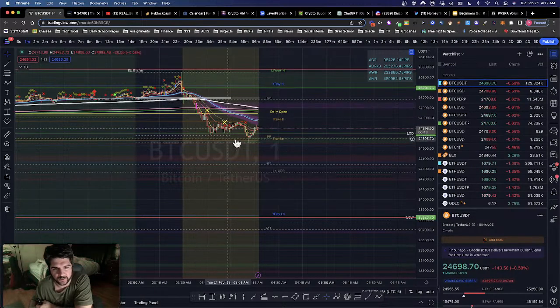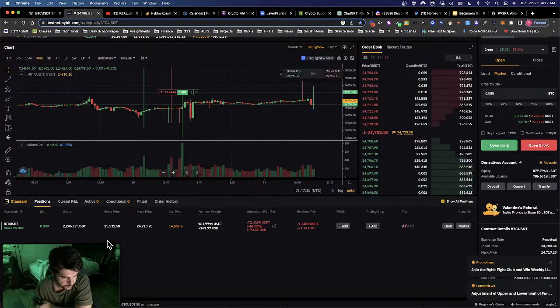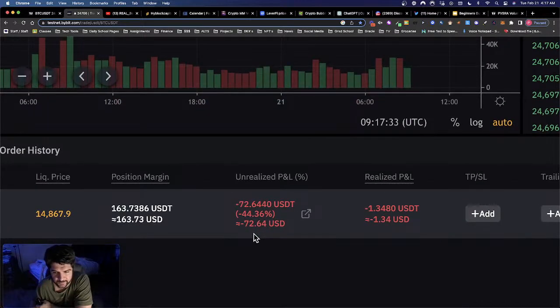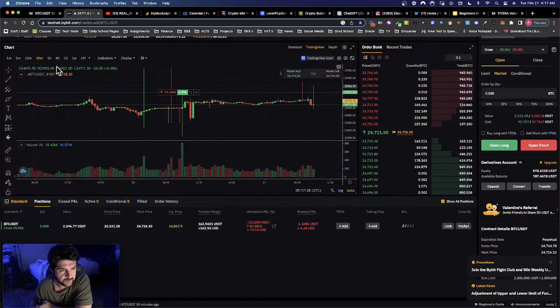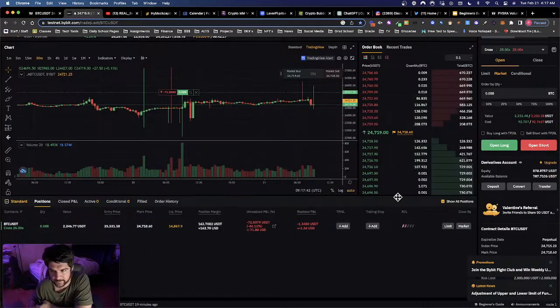One, 2, 3 hits to the low. Low of the day. I mean a long, right? This is a fucking long. Look at that. Why is it like that? 44%. Why did it do that to me? Let's play a little bit.